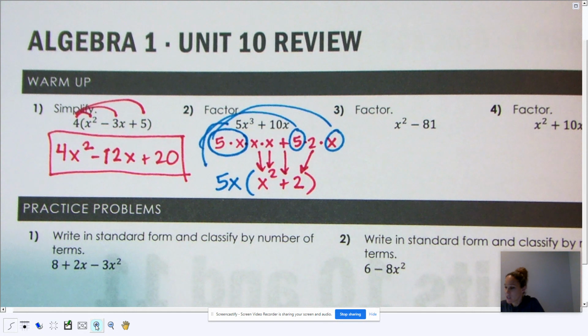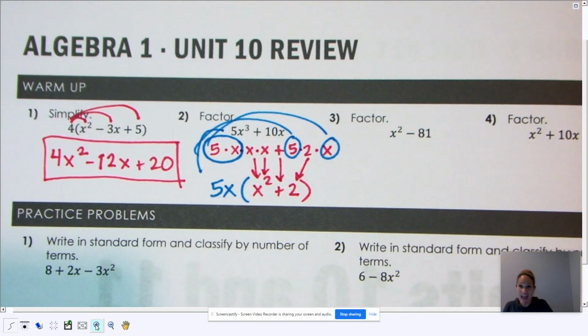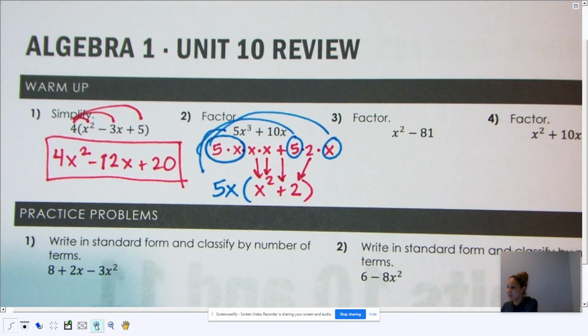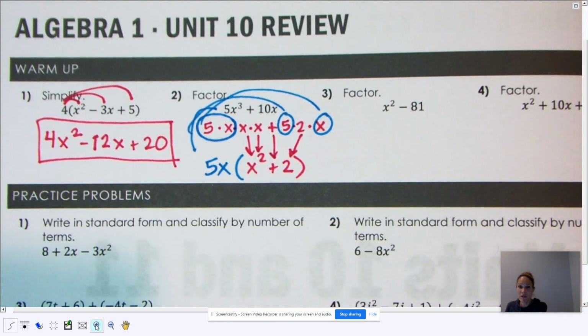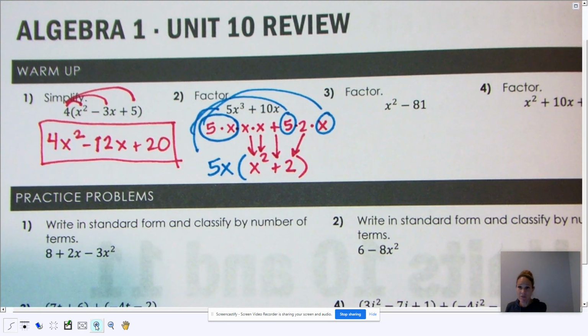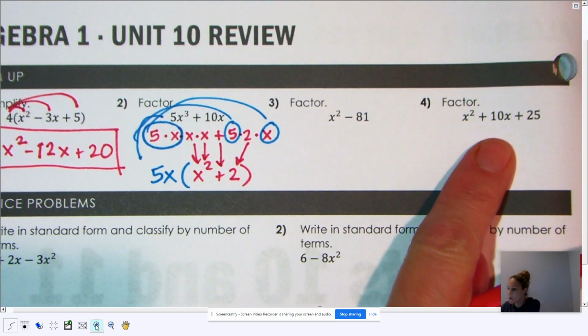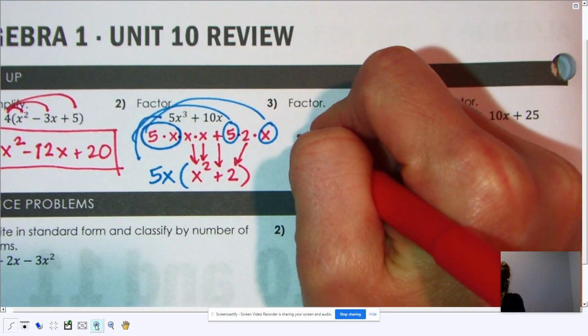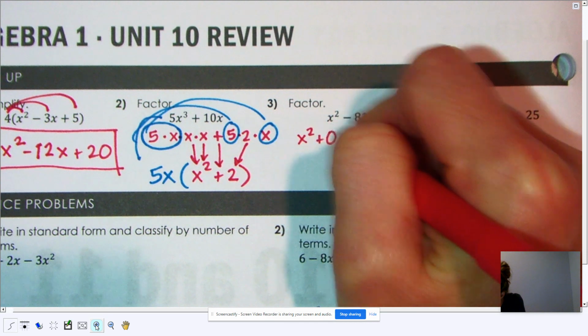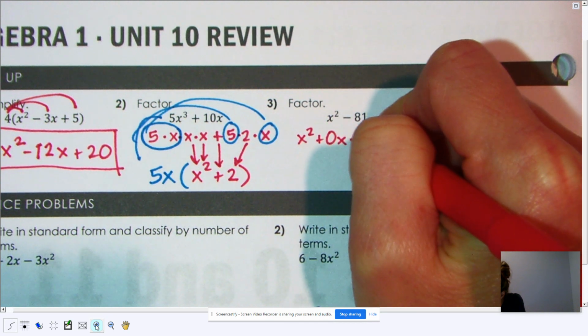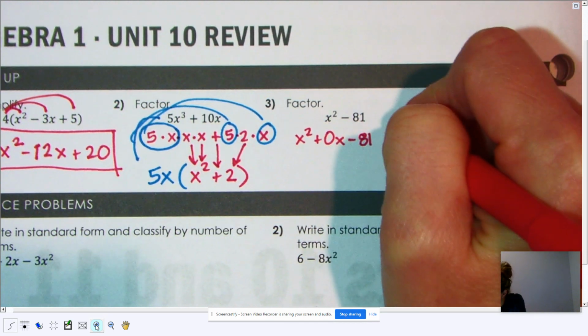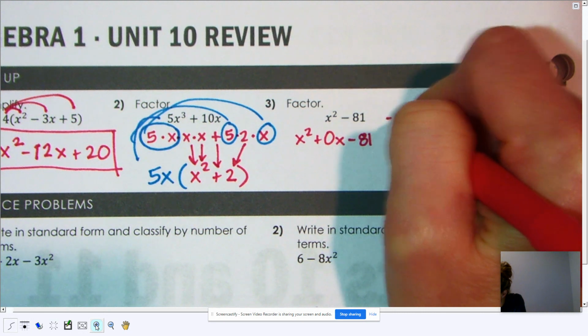This one's a little bit trickier. X squared and 81 don't have anything in common. And if we write it as a trinomial, so that there's actually 3 terms, that makes the problem a little bit easier, so that it looks like this one. This is one that you guys know how to do, right? So I can rewrite it as x squared plus 0x's minus 81. And then I can think about the different things that make negative 81.